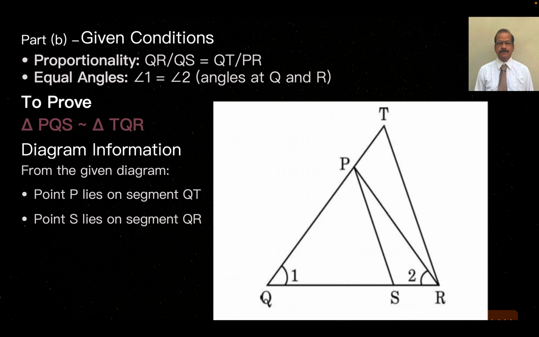Okay, the diagram is next to us. We can see that point P lies on segment QT. Yes, point P lies on segment QT. Point S lies on segment QR.